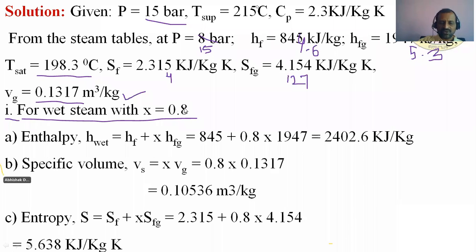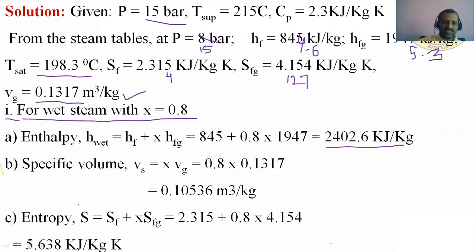If you take 0.8, then find out the enthalpy. Enthalpy H wet is equal to HF plus X HFG. Substitute all the values, and after substituting you will get the answer as 2402.6 kilojoules per kg.